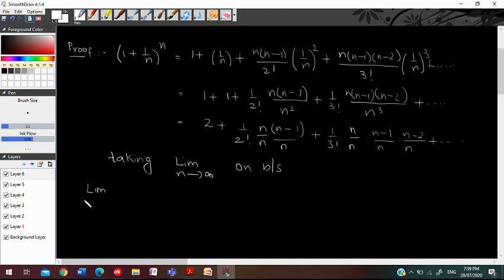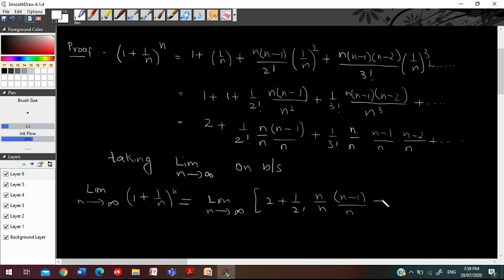Limit n approaches to infinity, 1 plus 1 by n power n, equals limit n approaches to infinity, 2 plus 1 by 2 factorial, n by n, n minus 1 by n, plus 1 by 3 factorial, n by n, n minus 1 by n, then n minus 2 by n, plus up to so on.